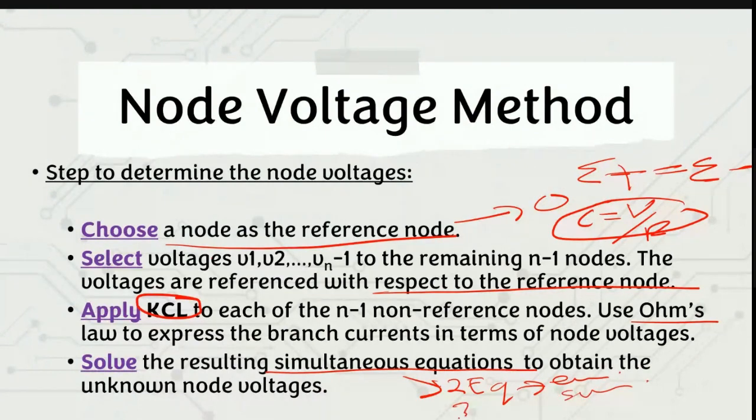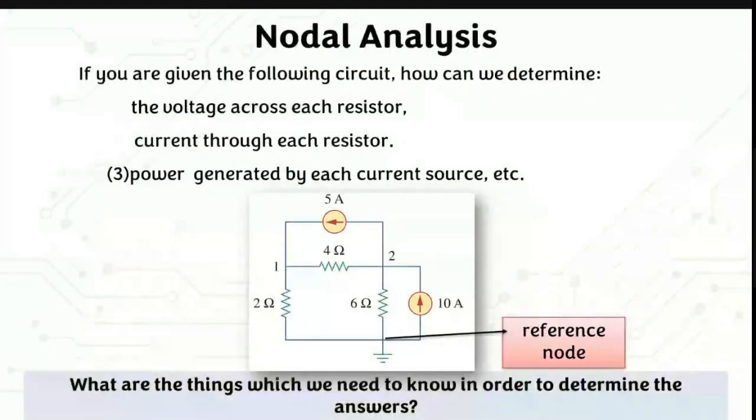If you have three equations, you can still use the substitution method, but I suggest you use the matrix method, where we have Cramer's rule. You might need to use that for three equations, because three equations means you have three node voltages.